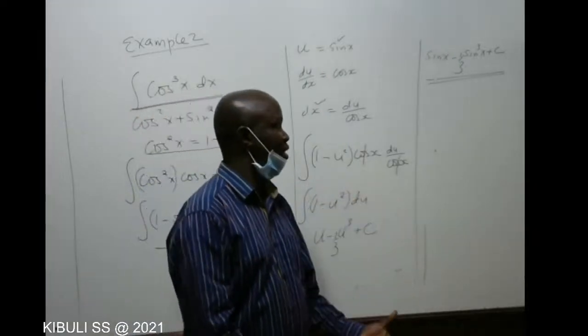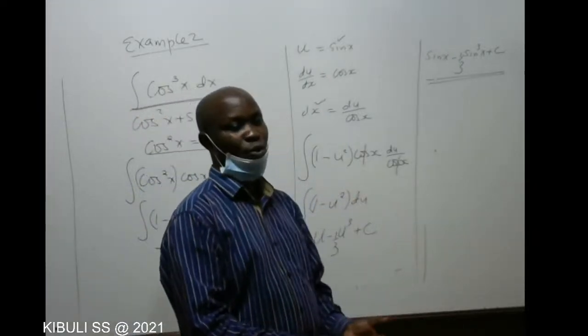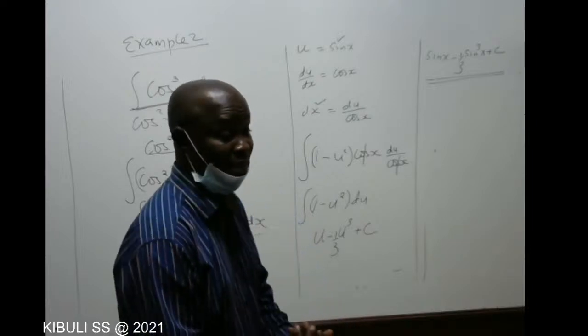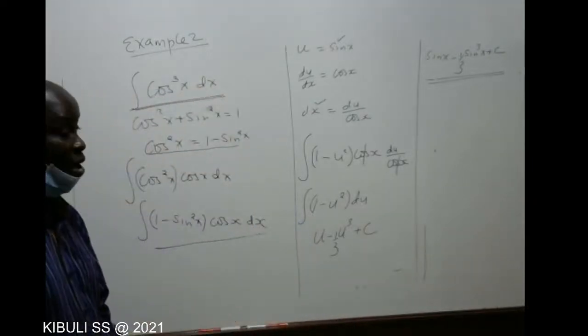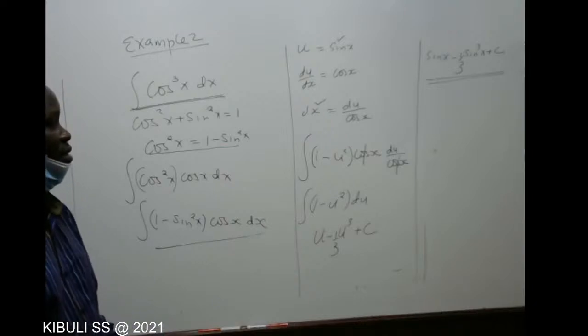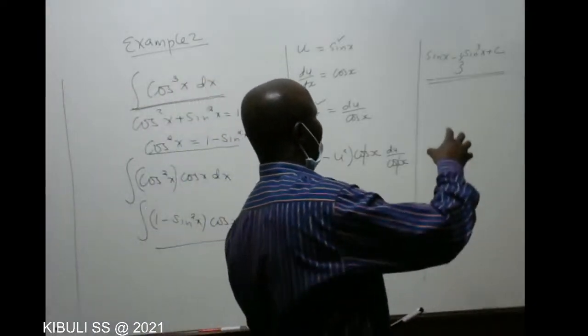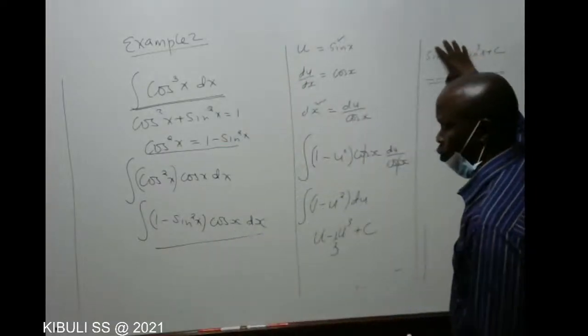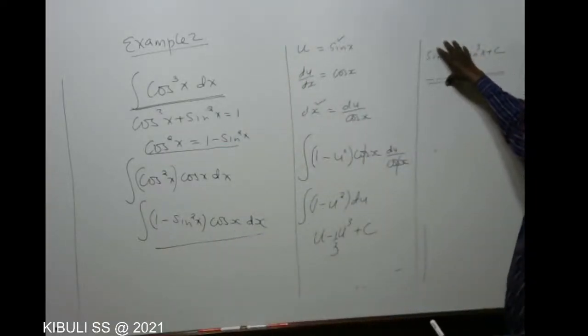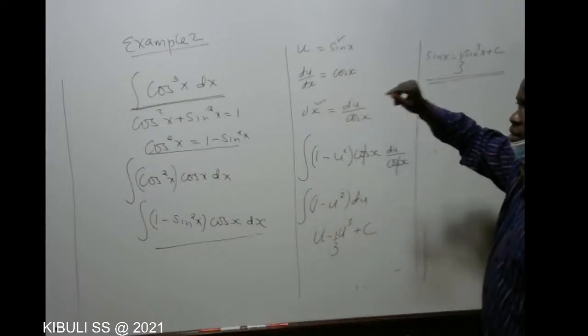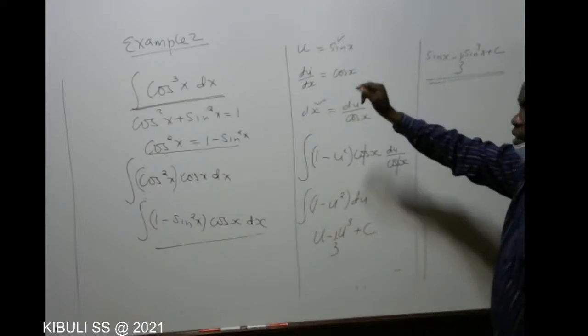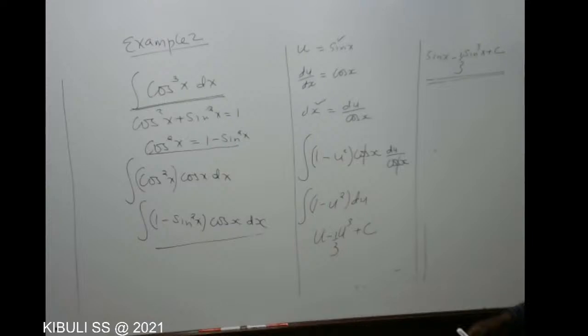We shall have cases where we have the limits, and we shall never include c. We shall be having these examples with the given limits. So this is the integral of cos power 3 x dx. That's the answer.